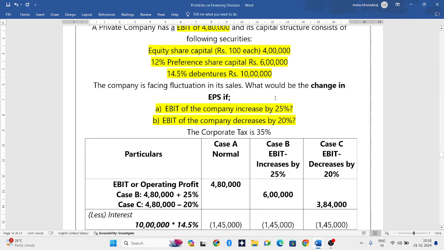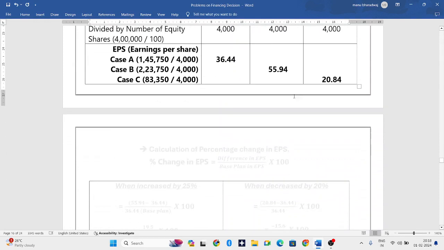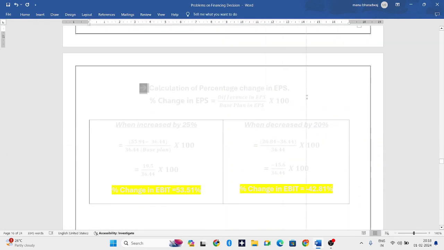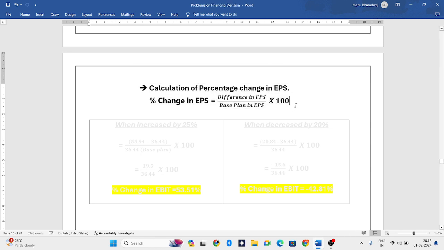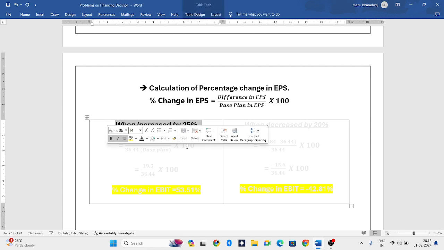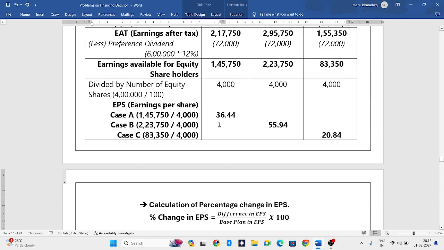In the question, they have even asked us to find out the change in EPS, meaning the percentage change in EPS. The formula to find the percentage change in EPS is the difference in EPS divided by the base plan EPS, into 100. First let us calculate when it is increased by 25%.